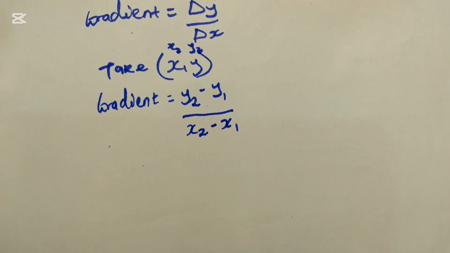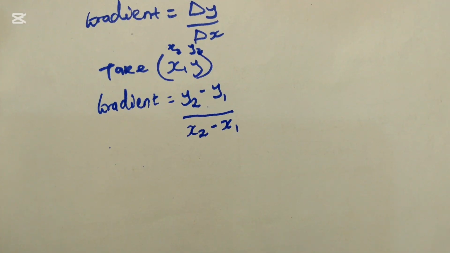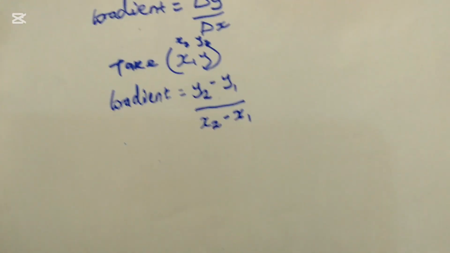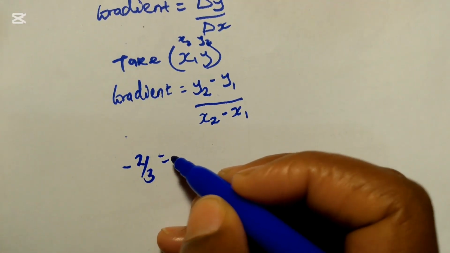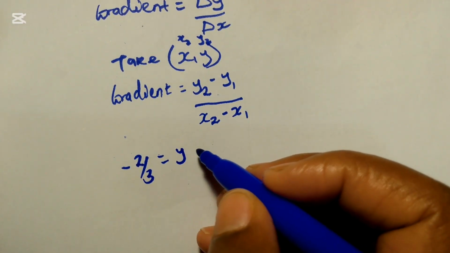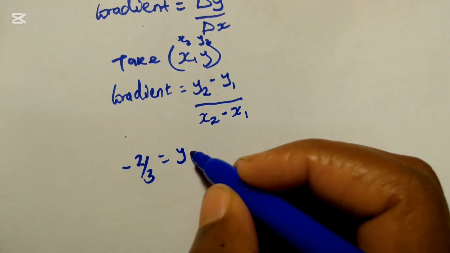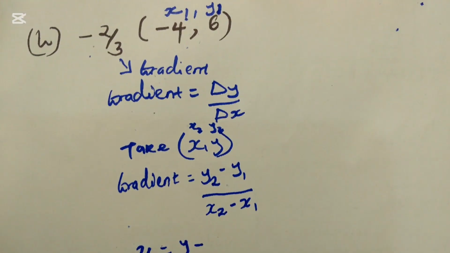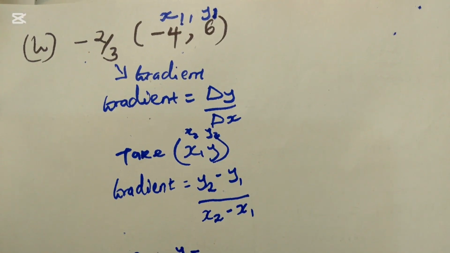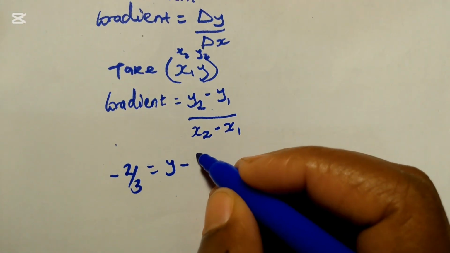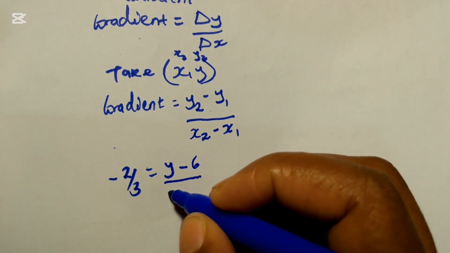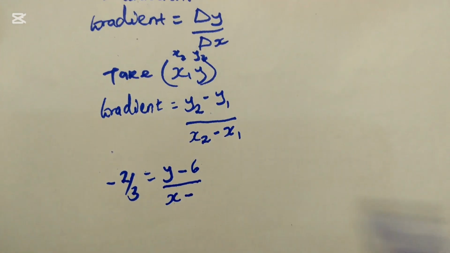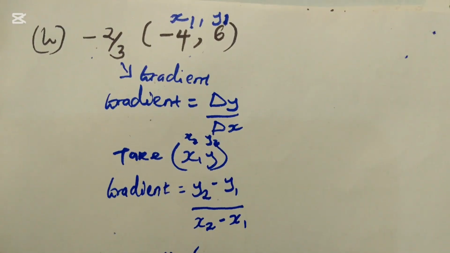The gradient is given as negative 2 over 3. So negative 2 over 3 is equal to y2, which is y, minus y1, which is, look at that, y1 is 6, over x2, which is x, minus x1.